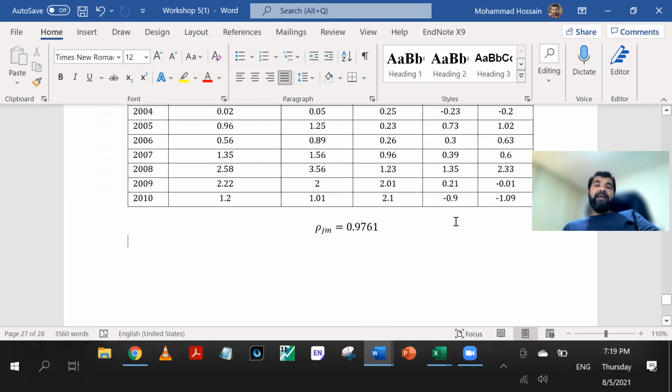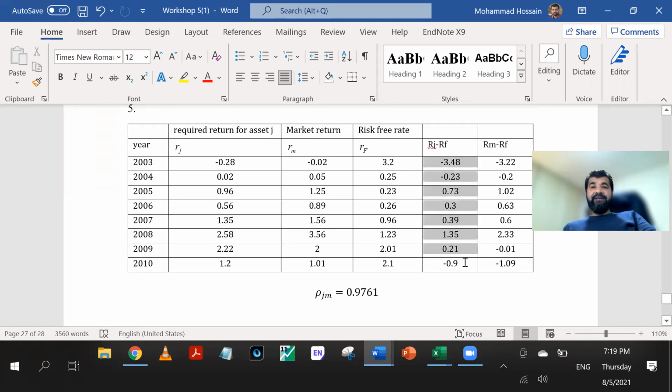Now we have to calculate standard deviation for this.